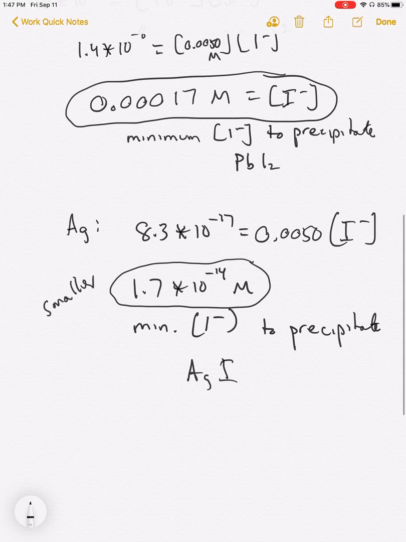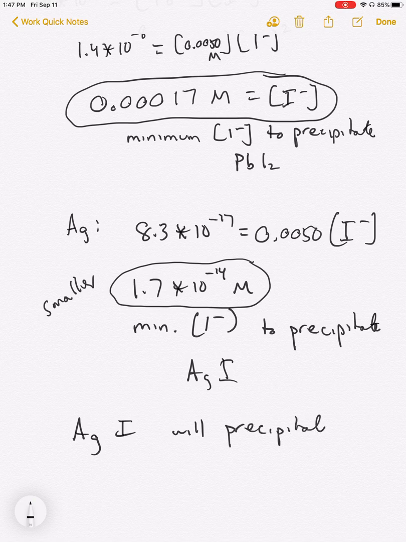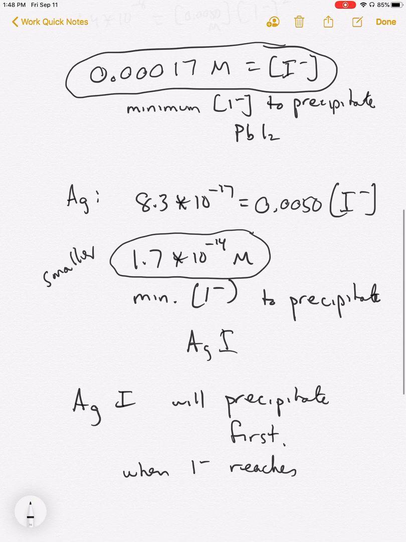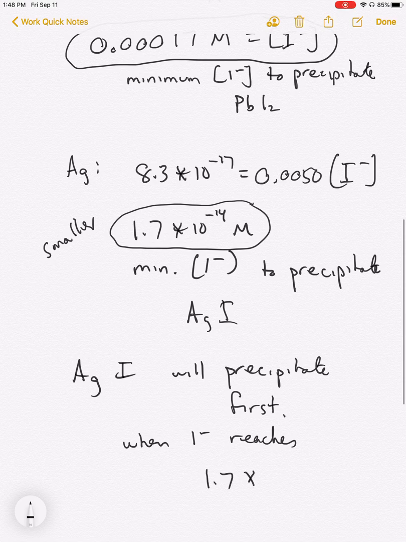That means the AgI, silver iodide, will precipitate first. And the concentration needed to precipitate it is going to be 1.7 times 10 to the negative 14th molar.